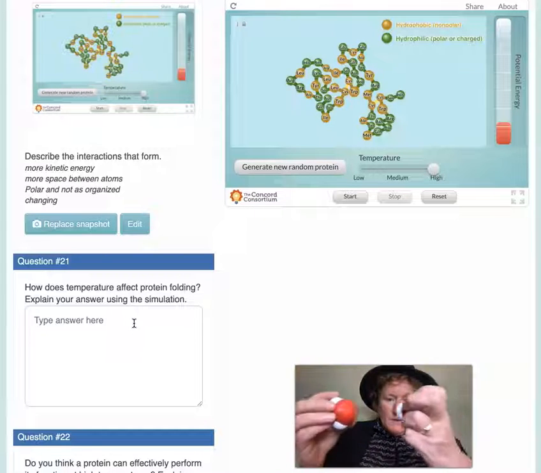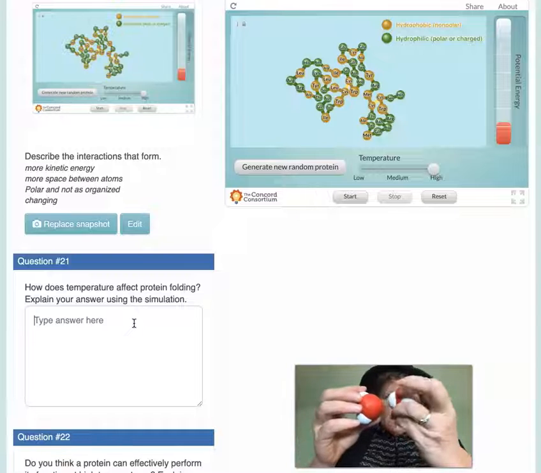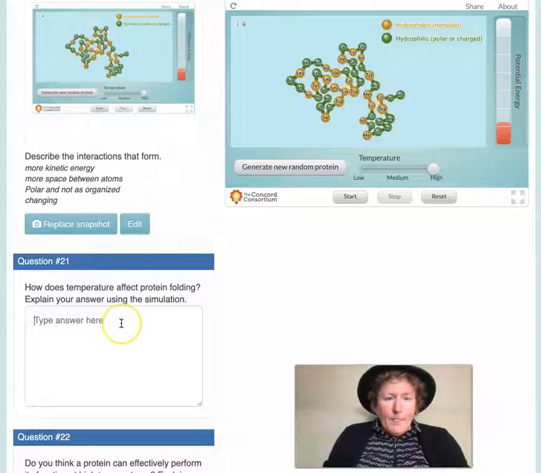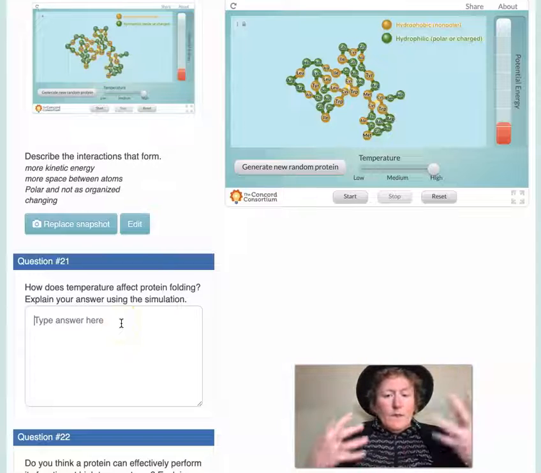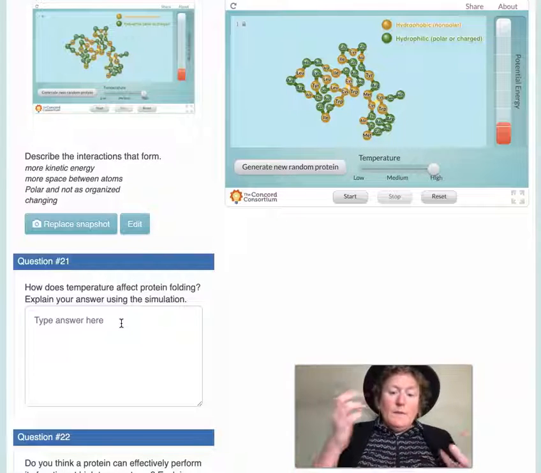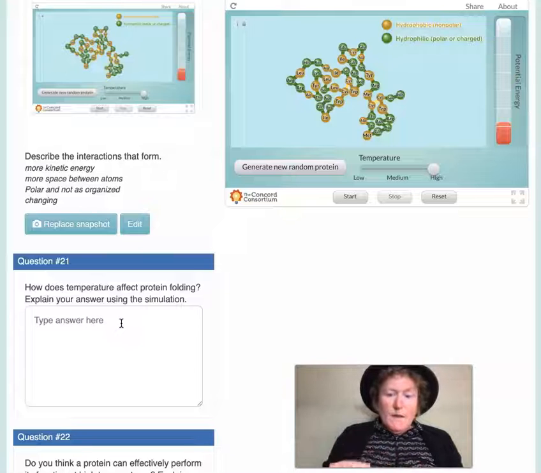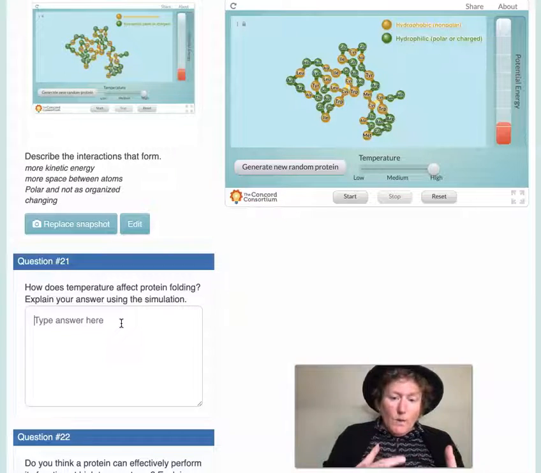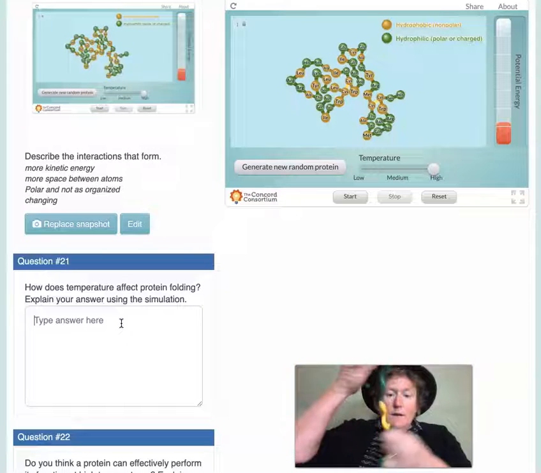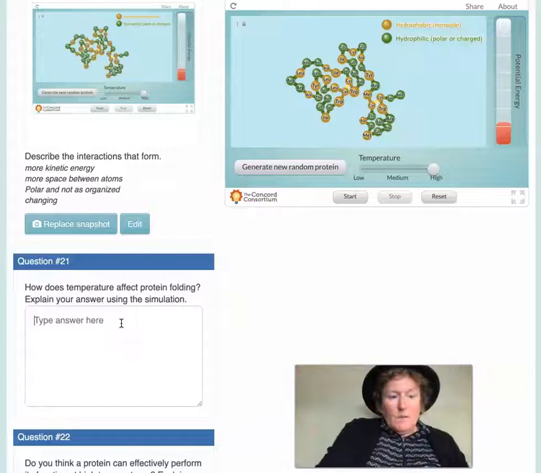So there's more potential energy here than there is here when they get together. So the energy between the polar and nonpolar that's usually present to organize a molecule at lower temperatures is overcome or less important compared to all the kinetic energy you add when you heat it, and things fall apart.